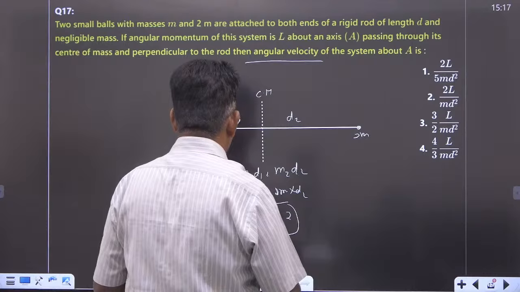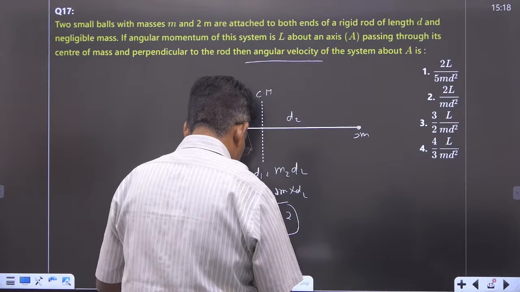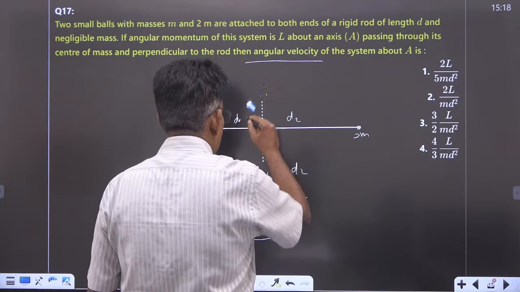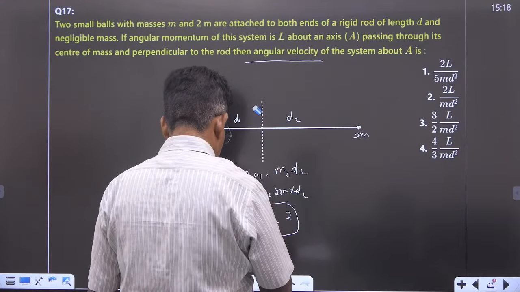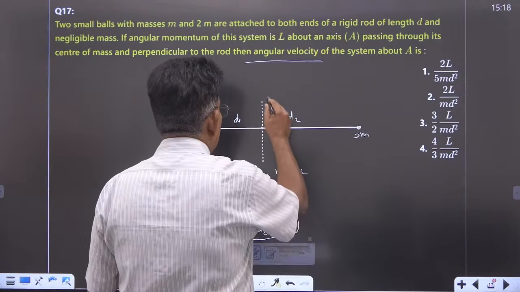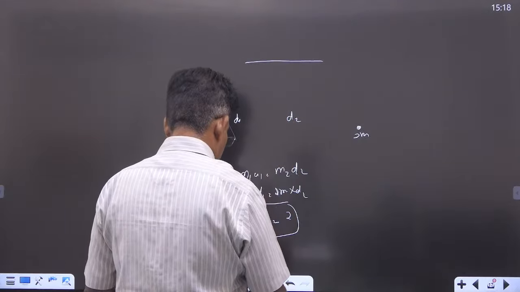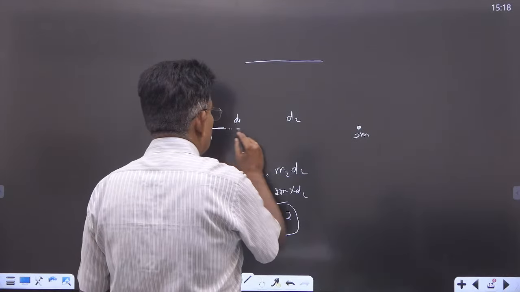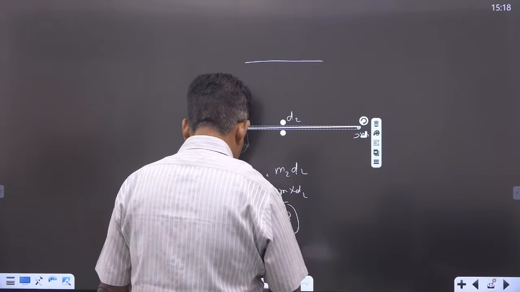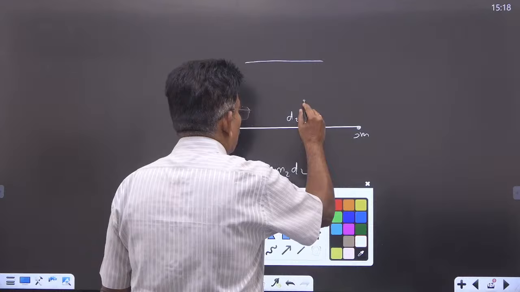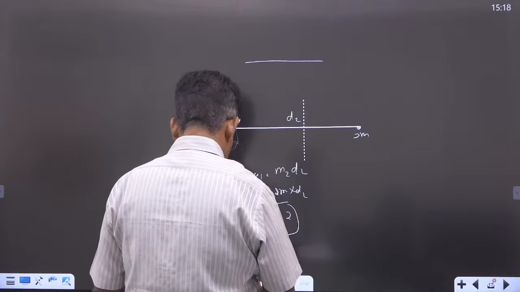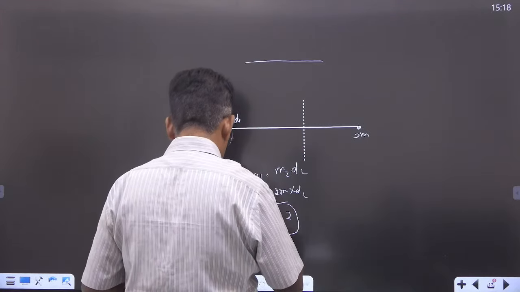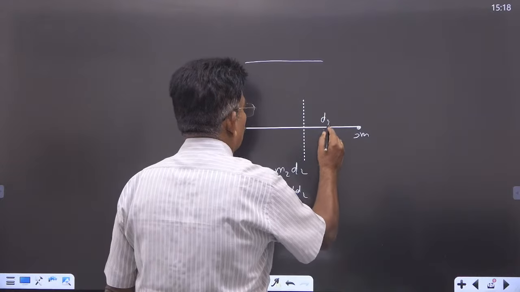I have to draw it like that. It will be nearer to this one. Therefore, this is d1, this is d2.